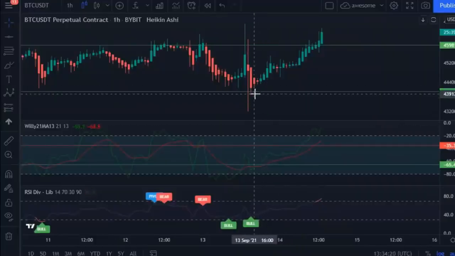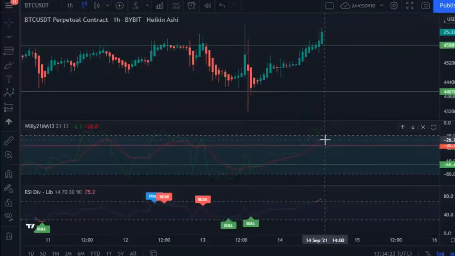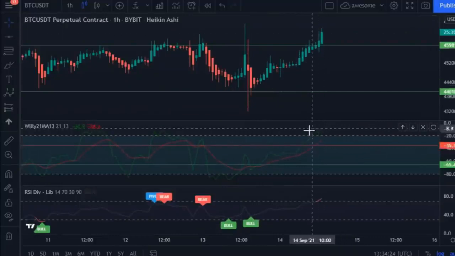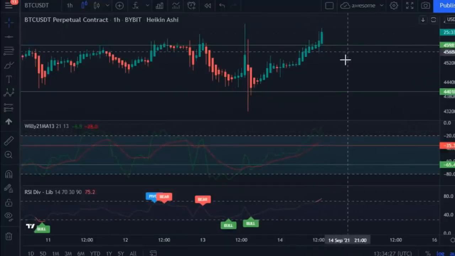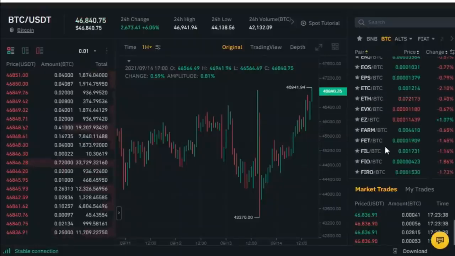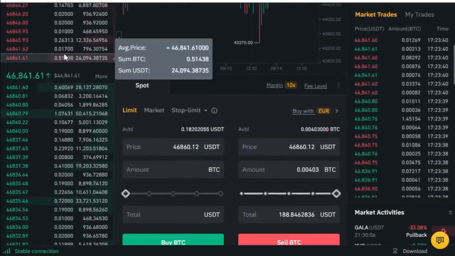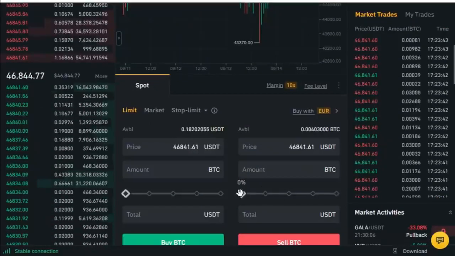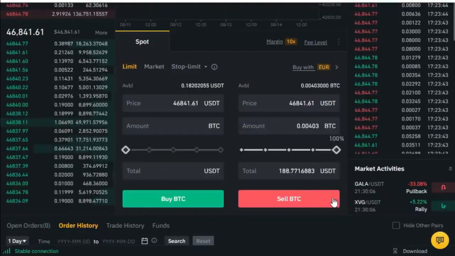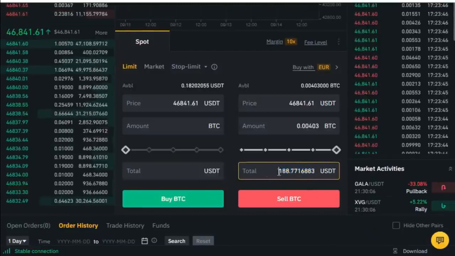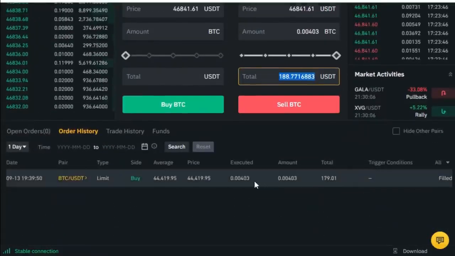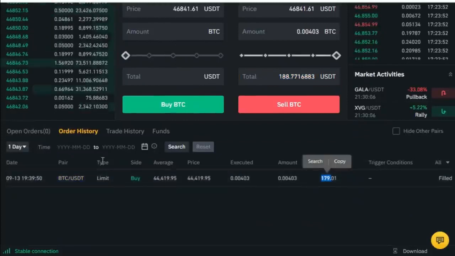As you can see here, there is no sell signal yet, so we still hold. The profit now is about 6%, and we still hold.